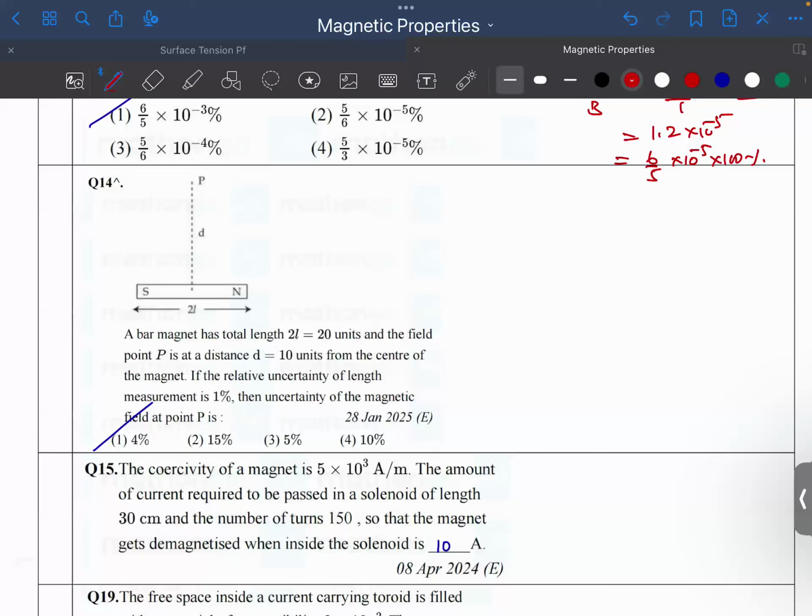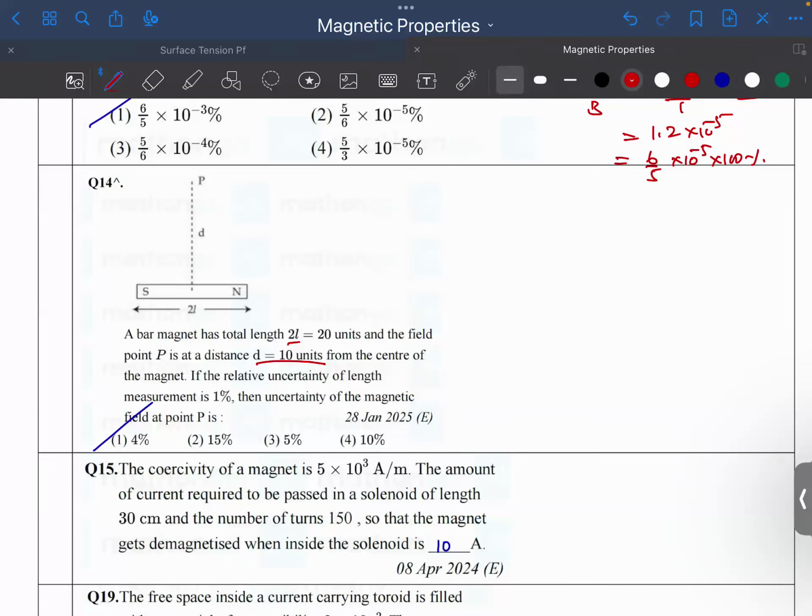A bar magnet of total length 2L, 20 units, and the field at point P at a distance D equal to 10 units from the center of the magnet. If the relative uncertainty of length measurement is 1%, the uncertainty of the magnetic field at P is. Actually, the problem with this question is the length part is crucial.